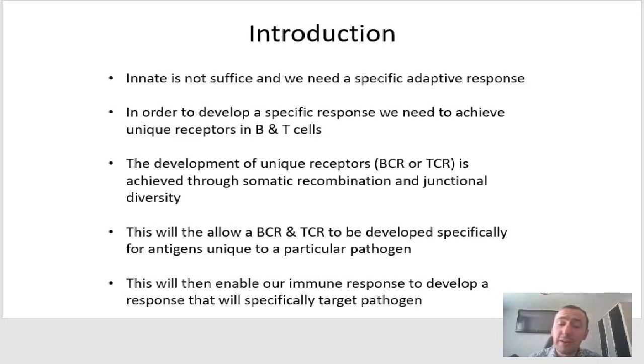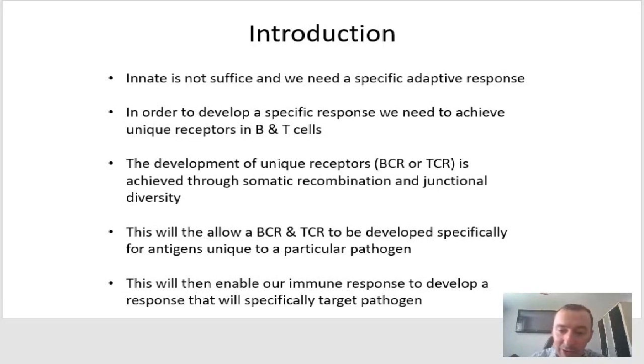In order to develop this specific response, we need each B cell and T cell in our body to have its own unique receptors. And in order to achieve this, each B or T cell needs to go through a process of modifying its B cell receptor heavy chain and light chain.